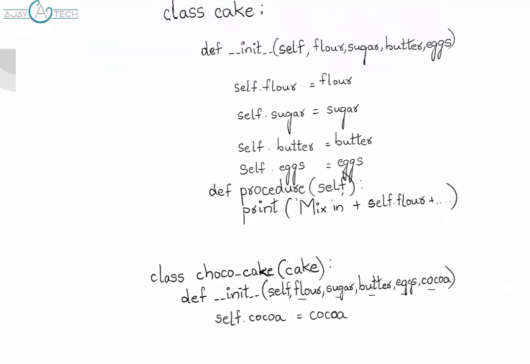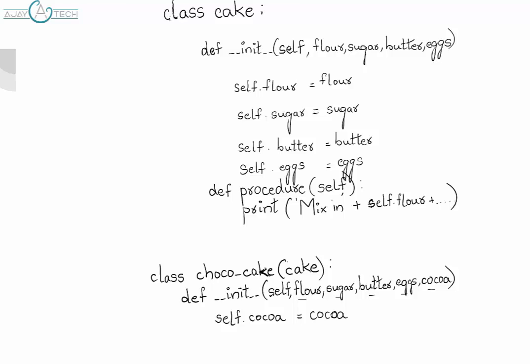In this example, I have defined a class cake, which again has two methods, the init method and then the procedure method. And then I have also defined another class, chocolate cake.